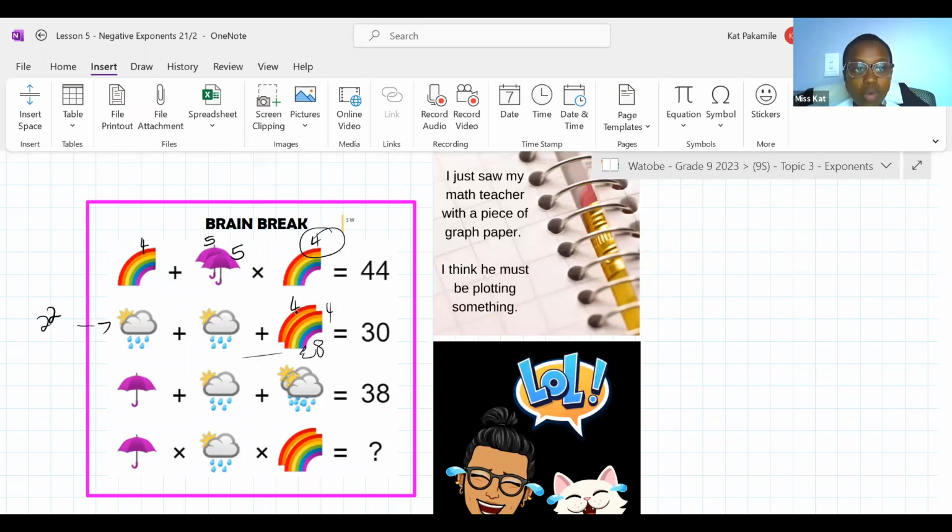So how much is 1 cloud? 11. Wonderful. So, we said umbrella is how much? 5. Yes. Cloud is 11. And if we have 2 clouds, we have 22. Which adds up, right? 22 plus 11 is 33, plus 5 is 38.